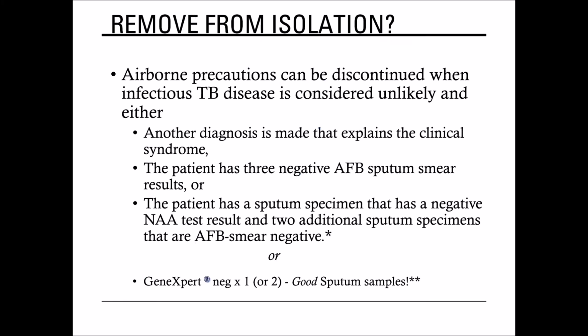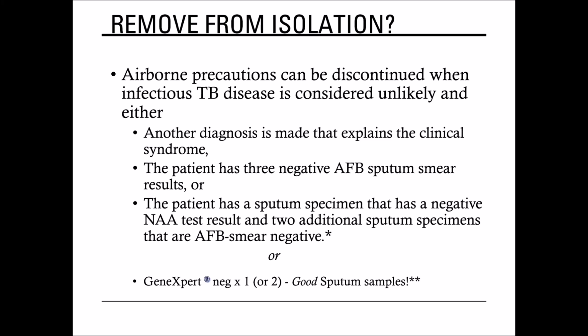So we can discontinue isolation when infectious TB is considered unlikely, and either another diagnosis has been made because you may have already done tests to find another thing, whether it's pneumonia or a blood clot, or the patient can have either 3 negative smears, but really what we prefer now is the last one: the patient has a sputum that has a negative nucleic acid test, and probably twice, assuming you get good sputum.